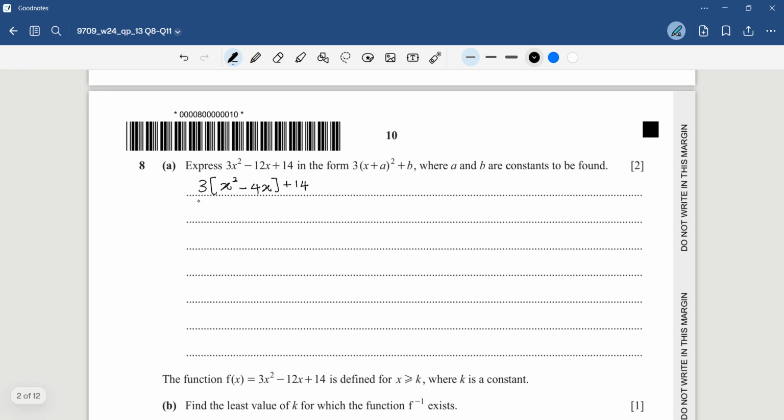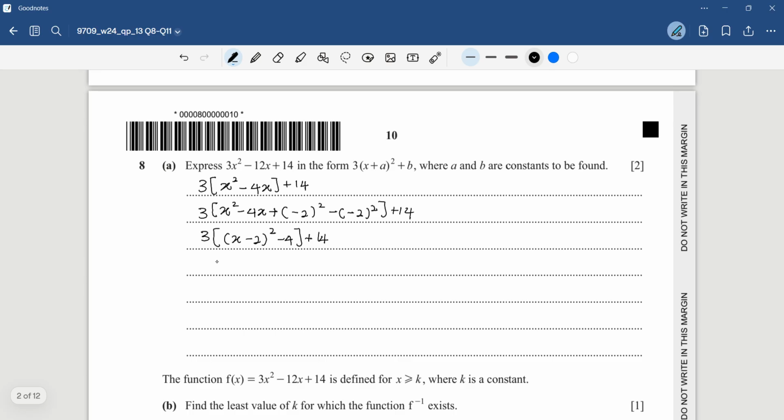So it's going to be 3 times x squared minus 4x plus negative 2 squared minus negative 2 squared, plus 14. So 3 times x minus 2 squared minus 4, plus 14.